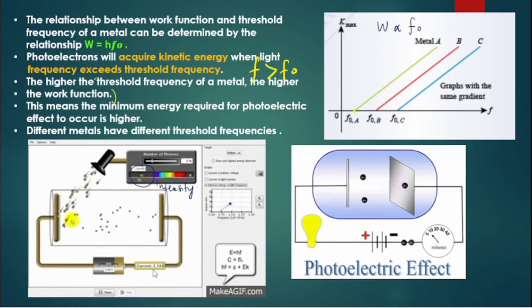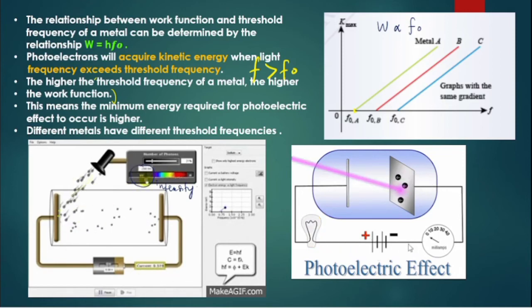Thus, we can say the current flow in this photocell is influenced by the intensity of light. It means the higher the intensity of light shone onto the metal, the higher the current flow in the circuit, due to more photoelectrons emitted.